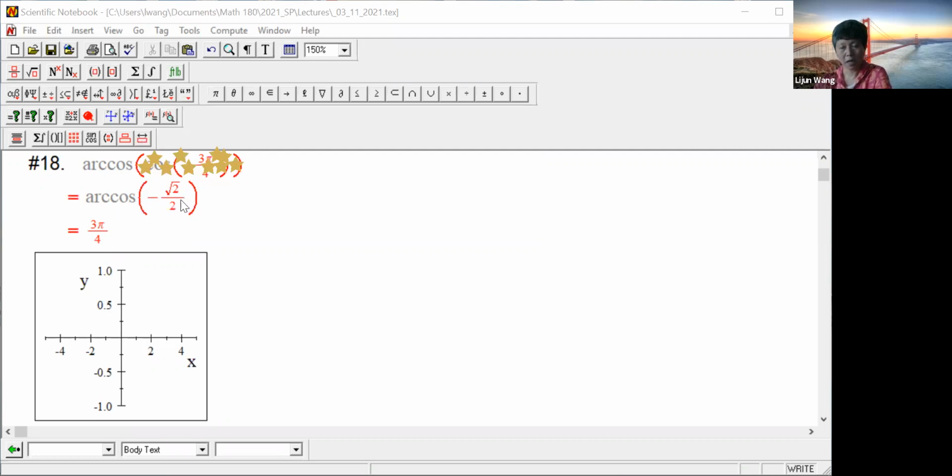Your answer definitively is going to be between 0 and pi. The range tells us what to expect. Could I emphasize that enough? Domain tells us what can be the input. The range tells us what can be expected.